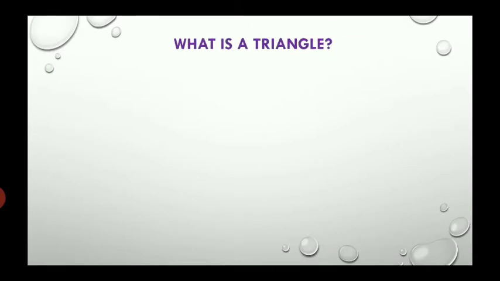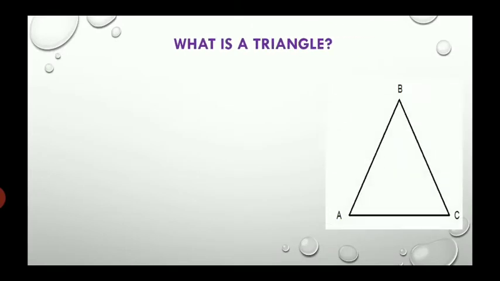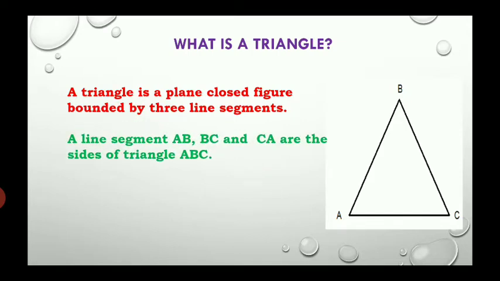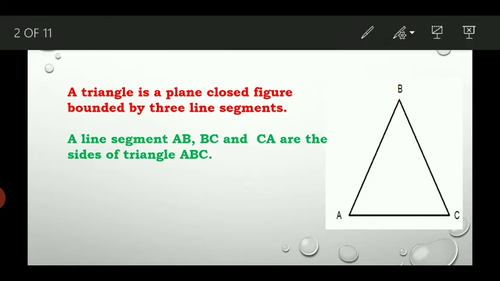What is a triangle? A triangle is a plane closed figure bounded by three line segments. A line segment AB is a line segment, BC is another line segment, and CA is the third line segment.